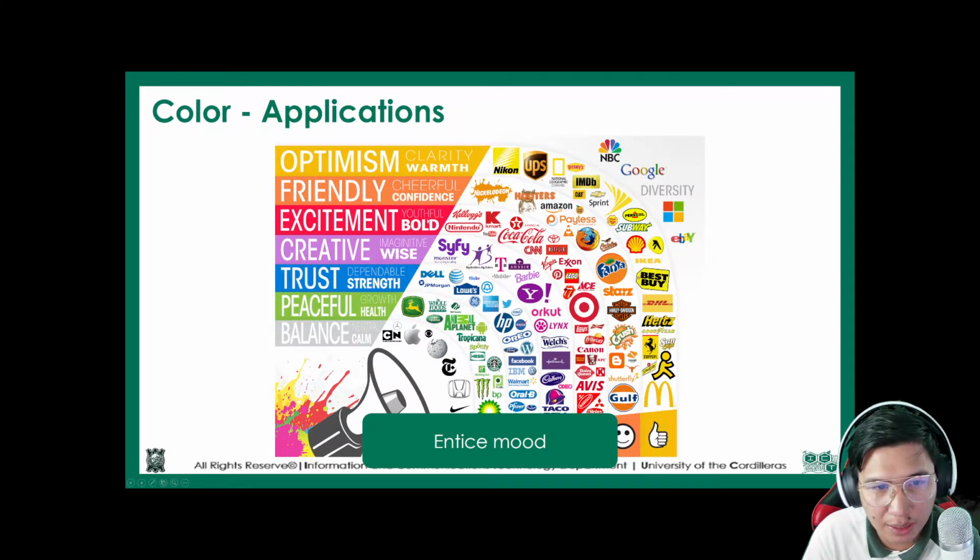Diba kung napansin natin, red and yellow in terms of the psychology of colors, ginagamit ang red and yellow to trigger hunger. Mga ganyan. We also have here the orange for friendliness. Meron din tayo for green, mga peaceful, balance, growth, health, mga ganyan. Blue for trust, and so on.